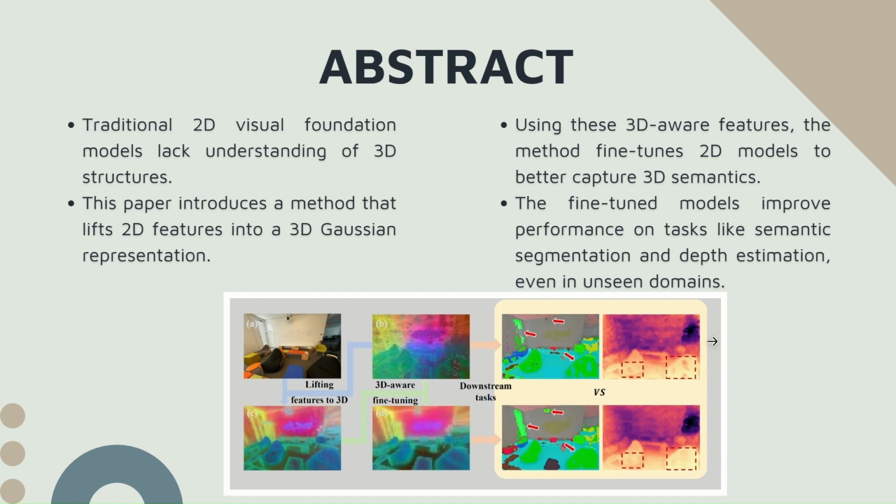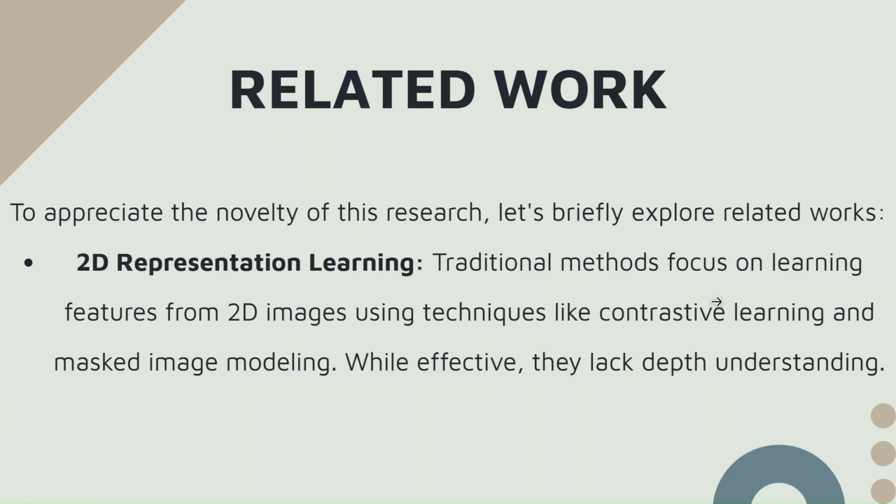This technique is especially useful in unseen domains, places where the model hasn't trained directly. The 3D aware fine-tuned models still perform well there, which shows that they have learned a deeper and more transferable understanding.